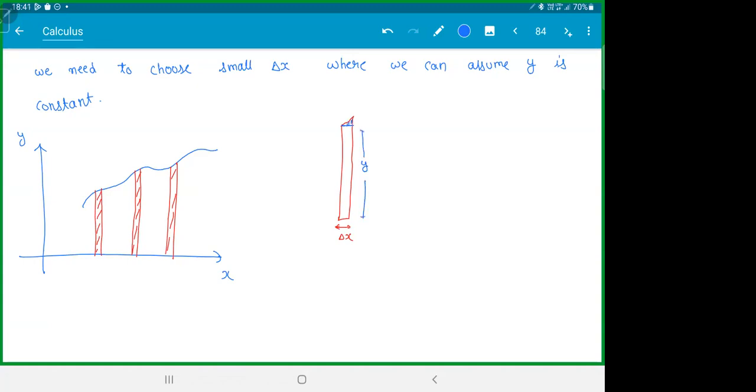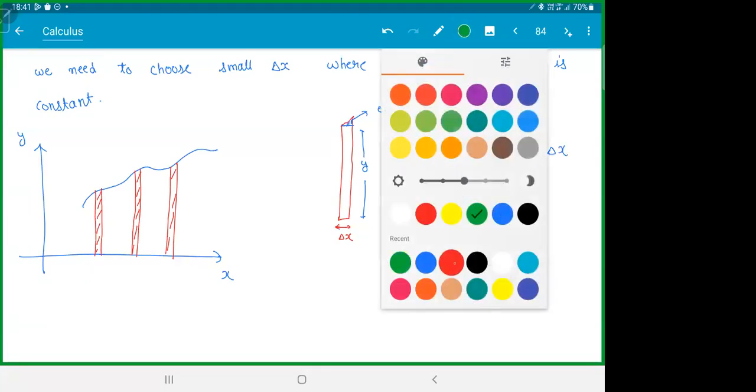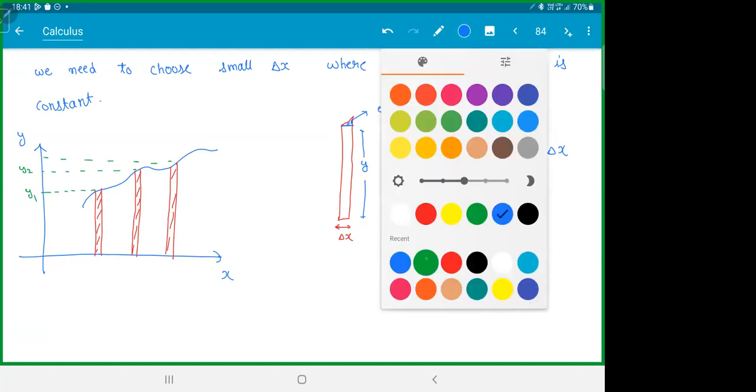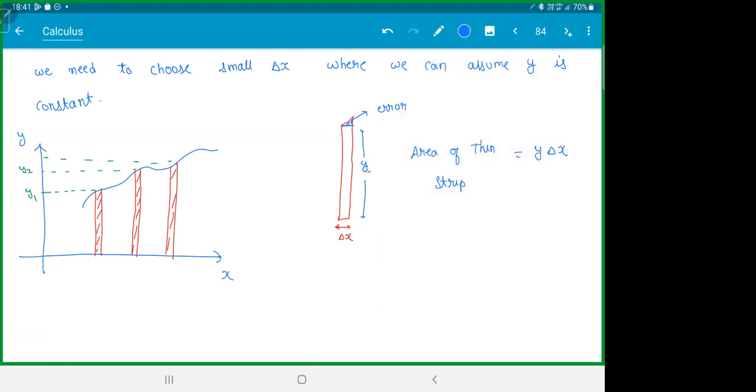And this small part is the error actually. So the area of this thin strip you can say is y into delta x, where y is the height of the strip. At different points, you have different coordinates now. Let's say this is y1, this is y2, something y3, right? So yn is the y coordinate of the nth strip.